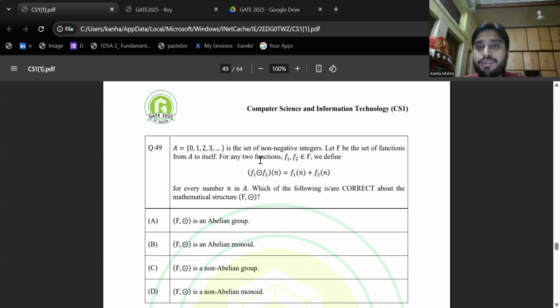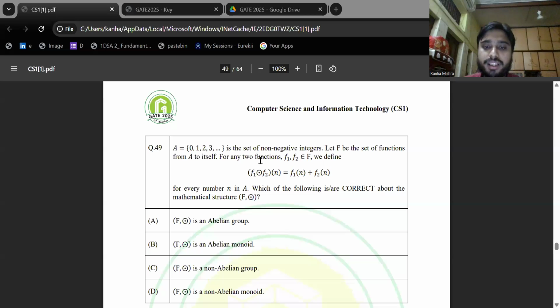In order to solve this particular question, let's first understand its prerequisites, and then we will try to solve it. A set of functions is given. A function f from A to itself, that is, every f belonging to F maps a non-negative integer n to another non-negative integer f of n.